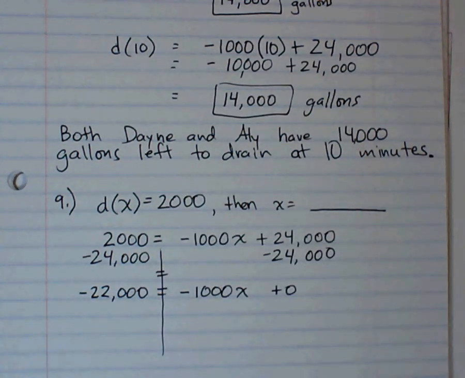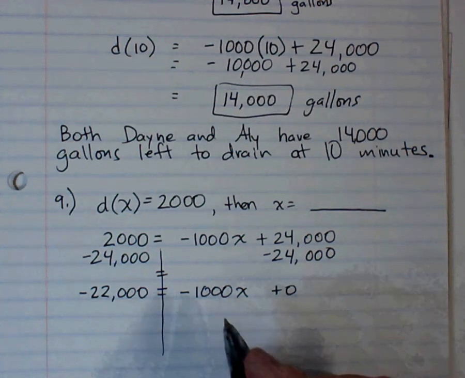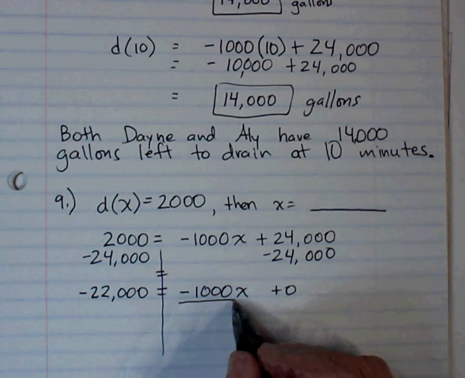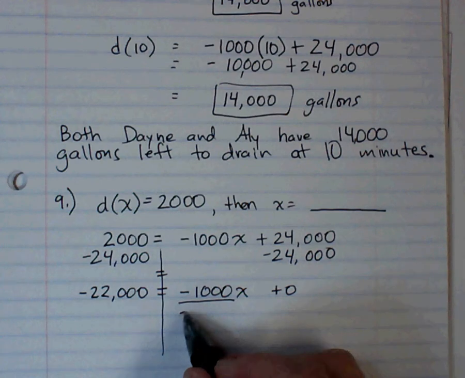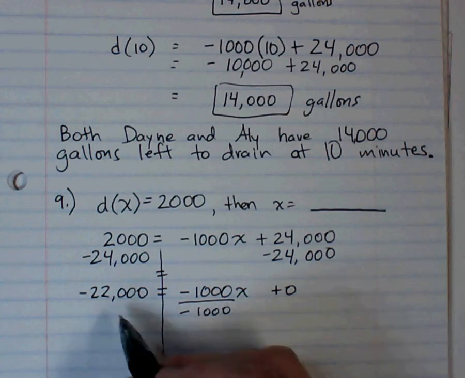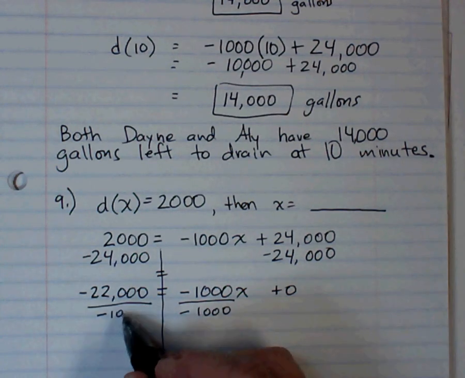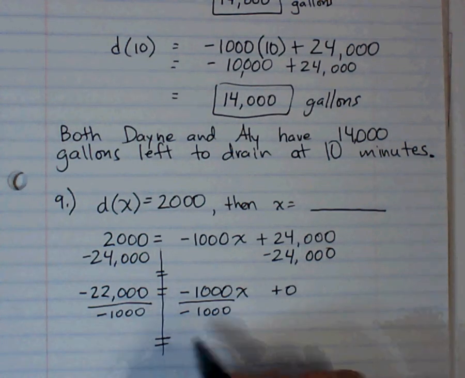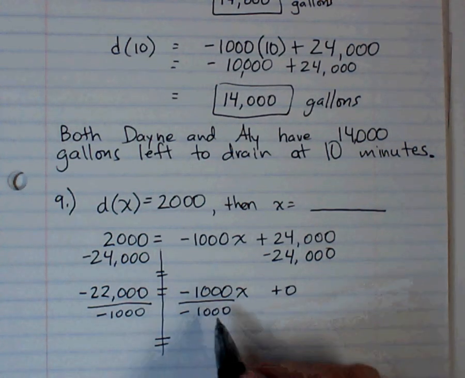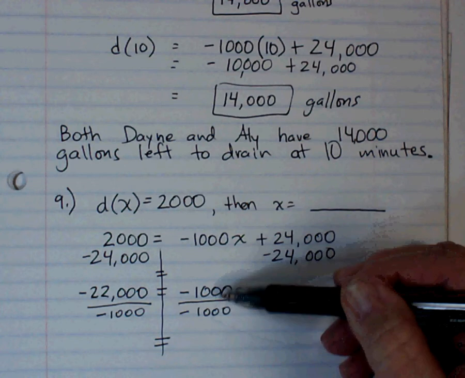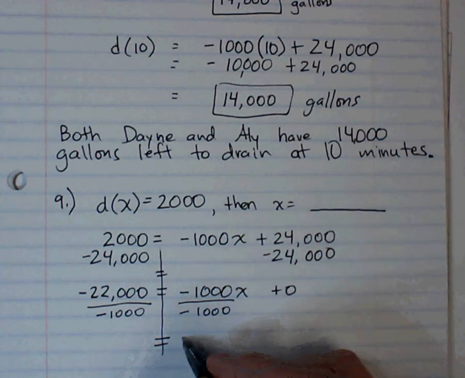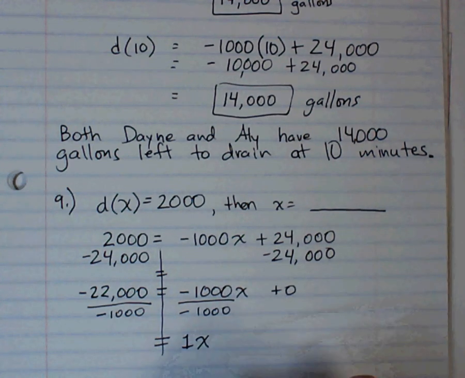Okay, so now I'm going to divide both sides by negative 1,000. Not hard. We end up with positive 1, because negative 1,000 divided by negative 1,000 is positive 1. So we can write 1x, which is just x.